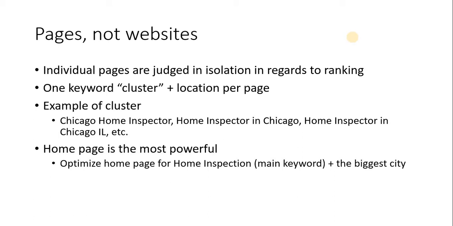So this is something that a lot of people mess up on, and it's because it didn't used to be this way. A lot of people who had their websites optimized once upon a time, they're no longer optimized because of Google's constantly changing algorithm, right?